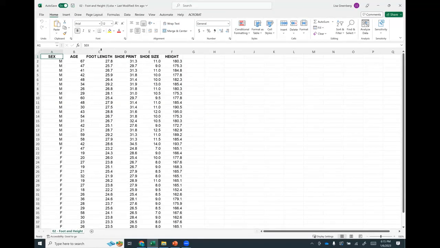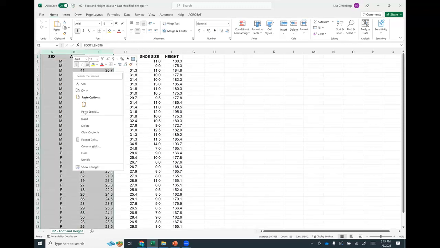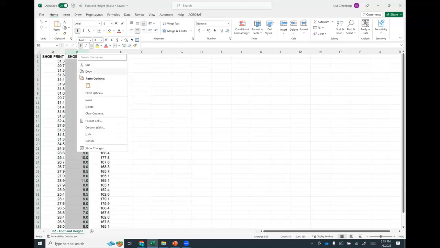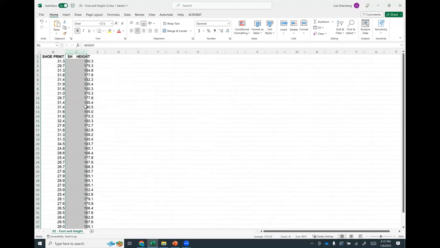So here's the original, and I want shoe print. So I'm going to get rid of all this. And these are things I can always check to see if anything's between those two. But it was shoe print and height, right? That's the two things we were looking for.